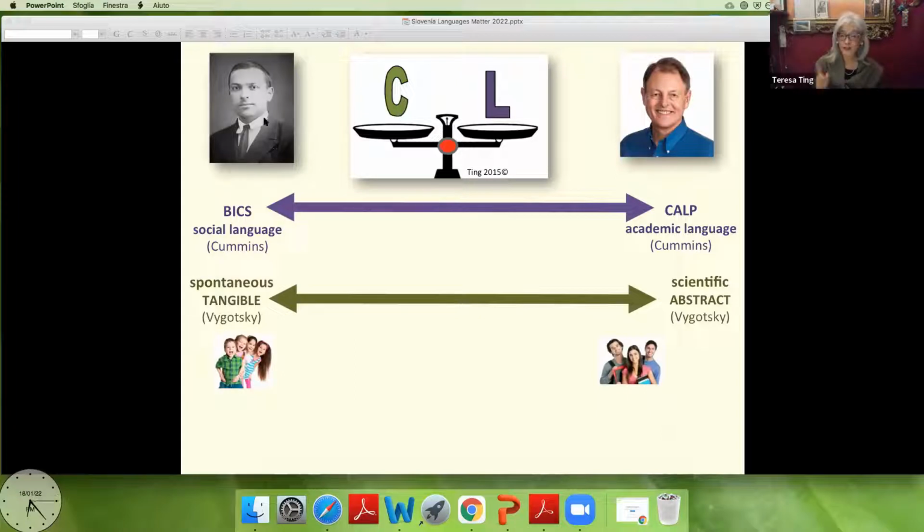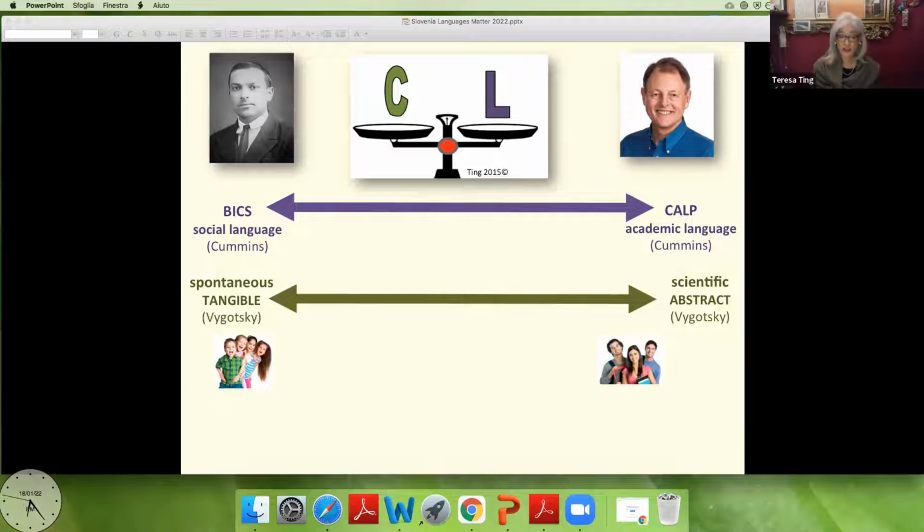Vygotsky was very interested in schooling because schooling helped us move knowledge into abstract spheres. Without schooling, we can plow the fields, continue manual, hands-on knowledge, but we will never be pushed to think abstractly and about intangible concepts.